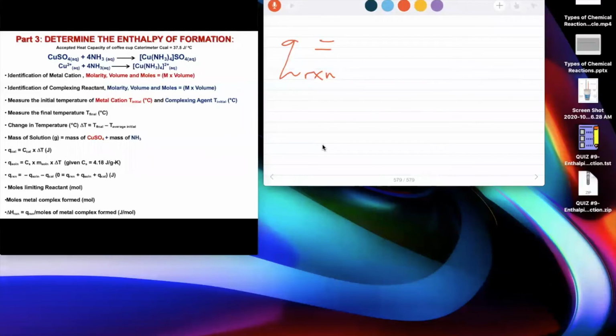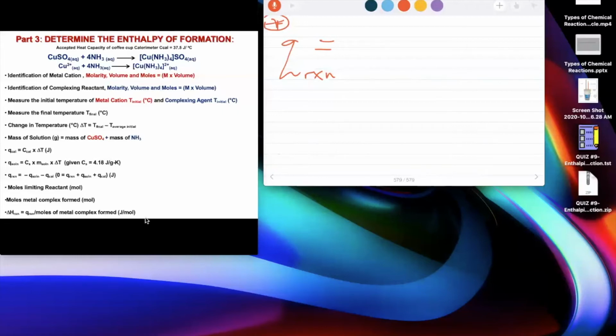There's an equation in the data sheet we need to rearrange. This is line 7. It's also in the PowerPoint slide if you want to look.